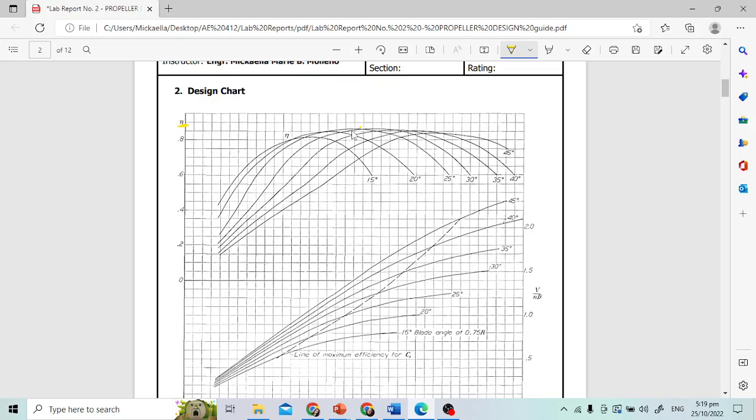Ano naman yung kasunod nating kailangan kunin? The advance ratio, which is indicated dito sa ating right side. How would you get your advance ratio?